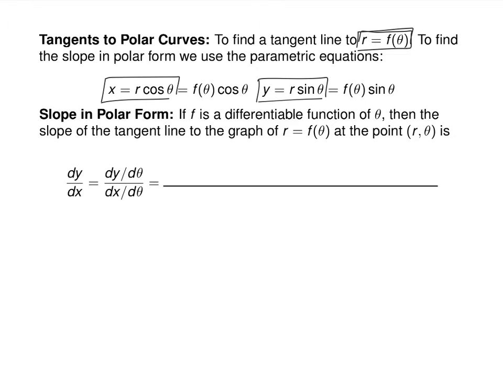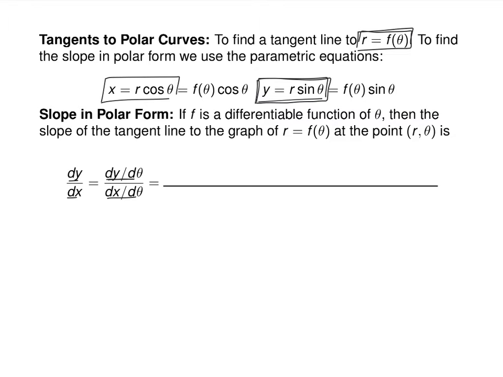So we actually use the derivative formula we have for parameterizations to find the slope of the tangent line to this curve at any given point. The derivative of y with respect to x is given by dy d theta over dx d theta. Same formula as before, it's just we have thetas instead of t's. Now you take this y parameterization and differentiate it, and you have to use the product rule because r is a function.